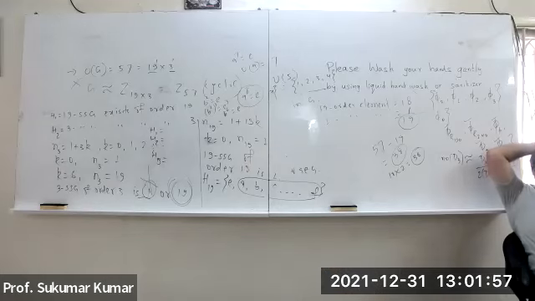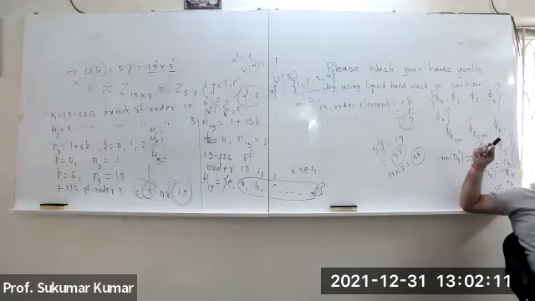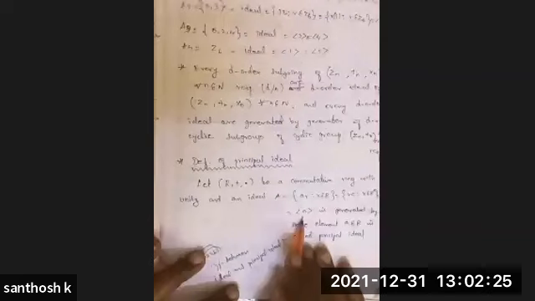A principal ideal means that the ideal is generated by a single element. Generating here means AR, not A square, A cube as in a cyclic group. When we find the ideal of Z, and Z is cyclic, whatever generator we saw in the cyclic group is the generator of the ideal. But in a cyclic group we read A square, A cube, A power 4; here we read A into R. AR or RA?